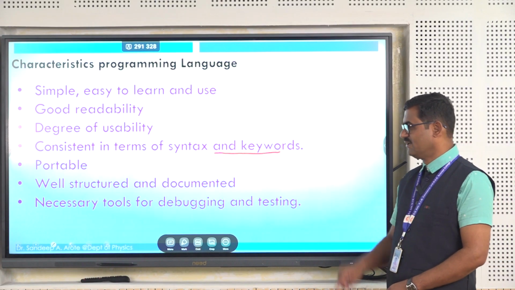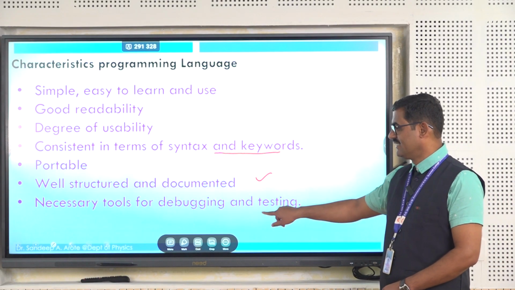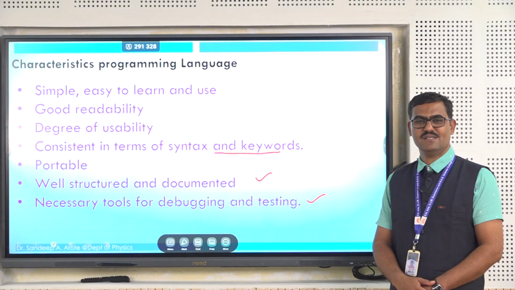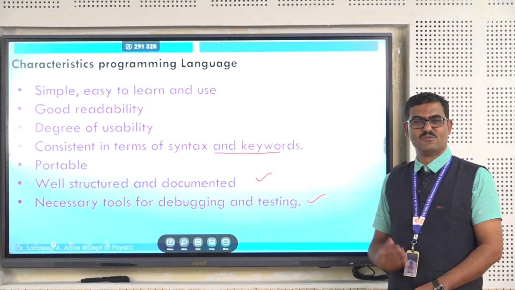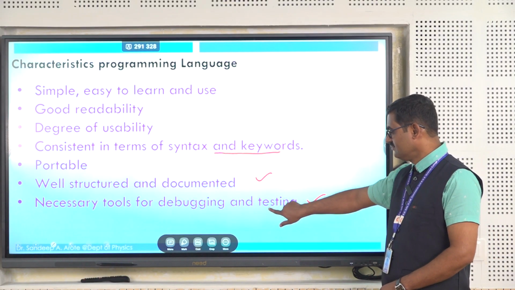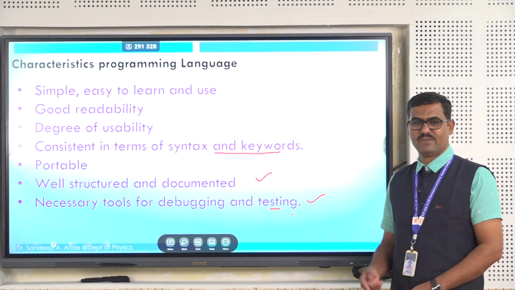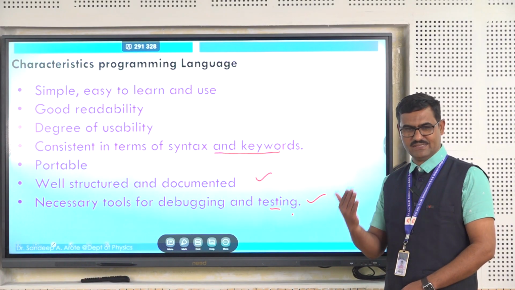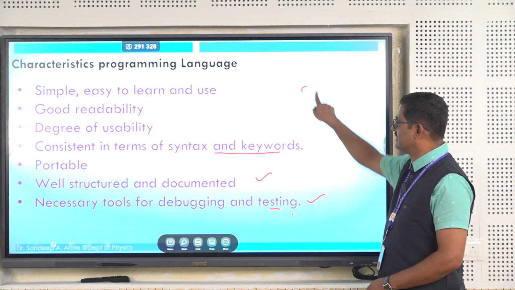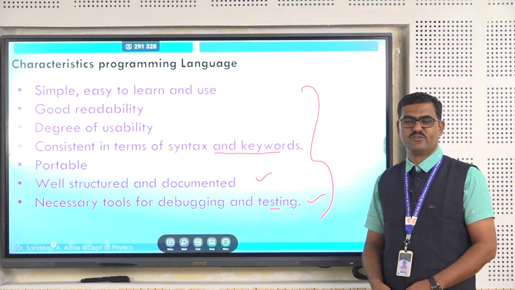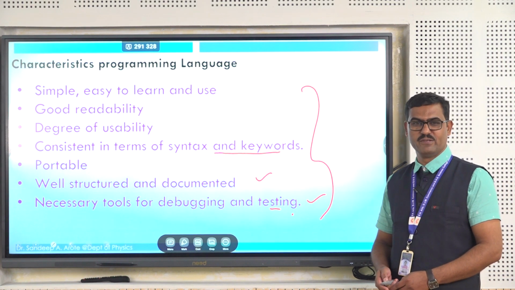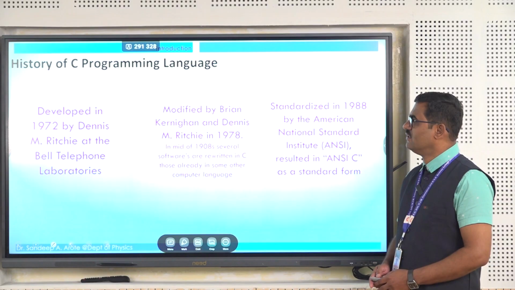Then it should be portable, well structured and documented, with necessary tools for debugging and testing. Debugging is the process with which you find the errors in the program source code. Testing means compiling, to check whether the program is in proper syntax or not. If the language meets all these characteristics, you can use it to define a particular problem and get a solution.